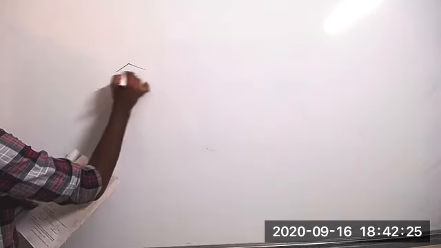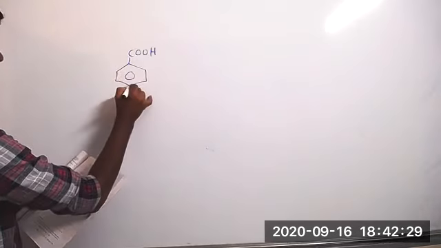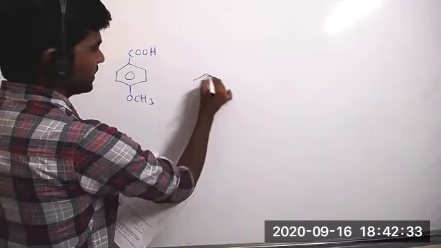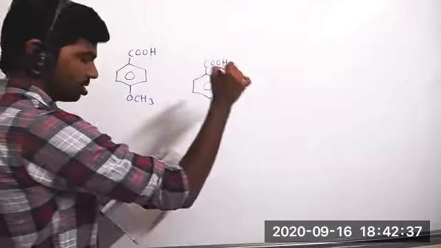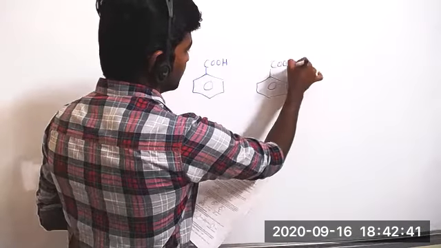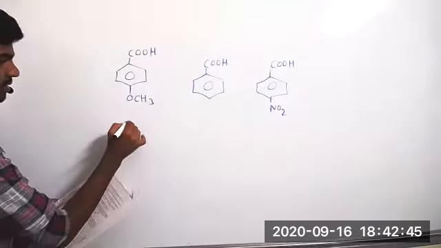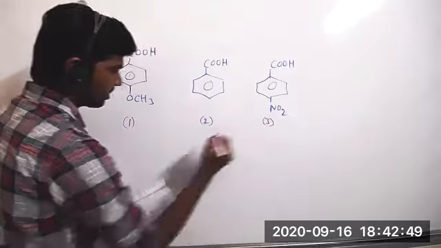You can write here three compounds, aromatic carboxylic acids. With OCH3, this is just benzoic acid. This is para-nitrobenzoic acid. This is 1, 2, 3.